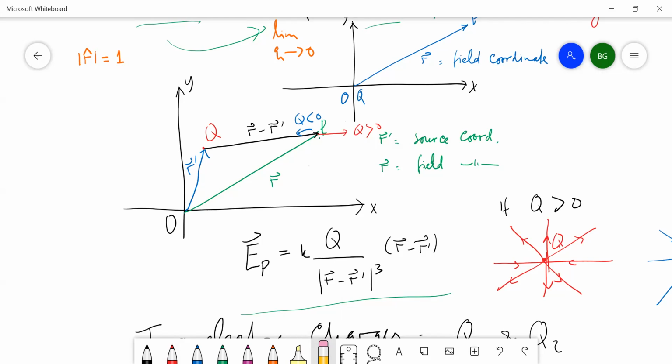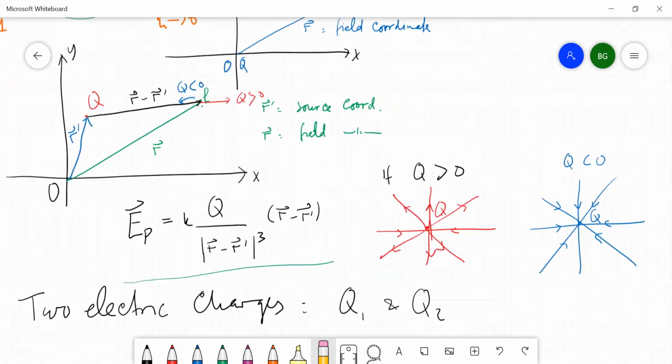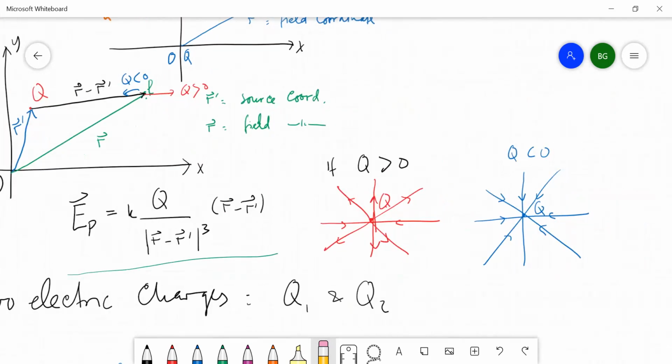Okay. So in conclusion, we get that the direction of the electric field of a positive source charge is outward.